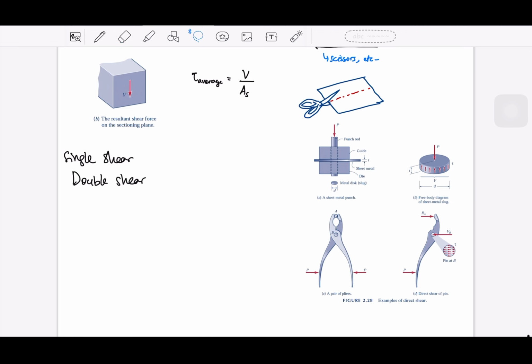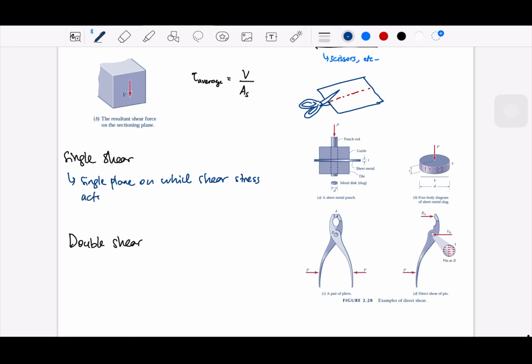Right here, single shear: a single plane on which the shear stress acts to transfer load.